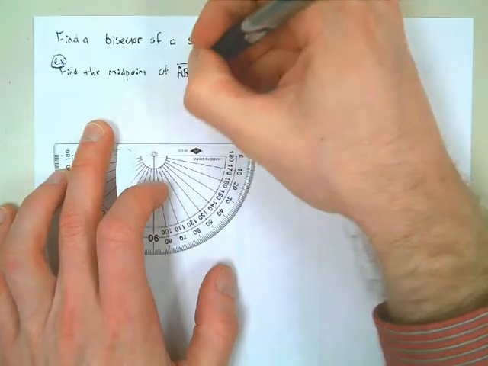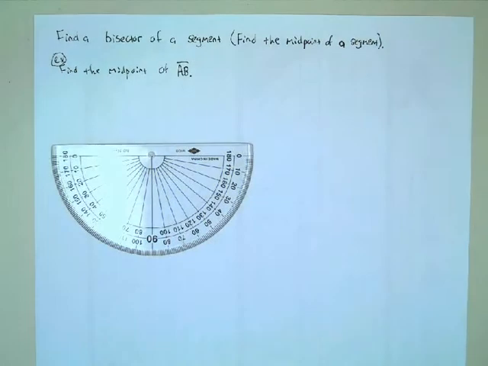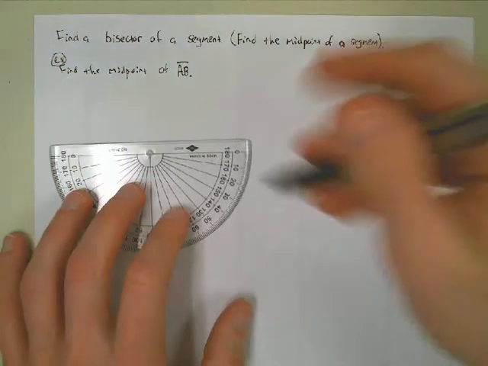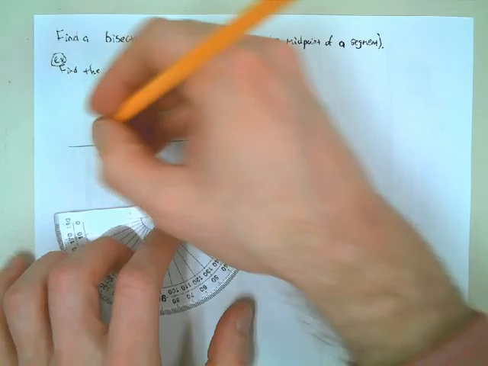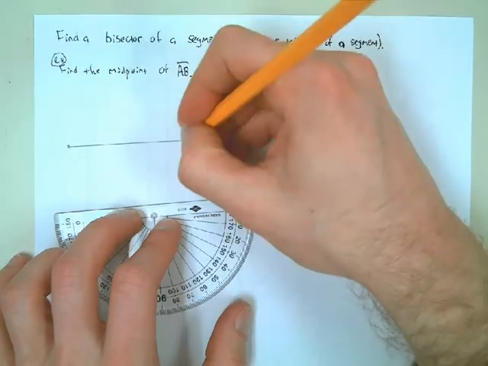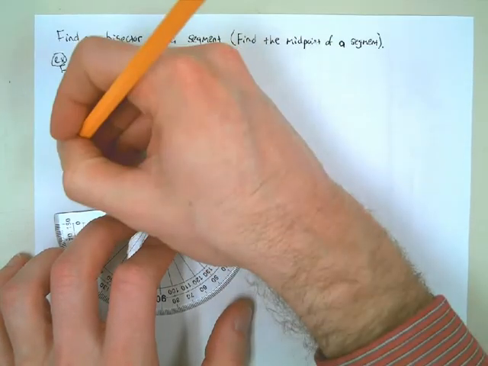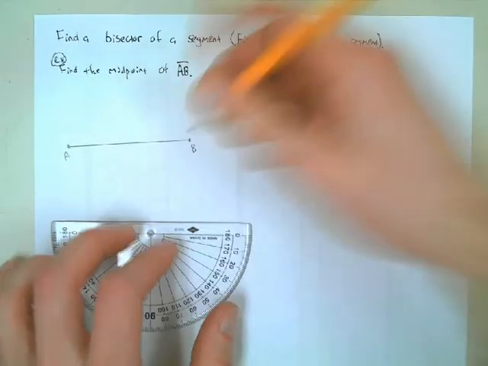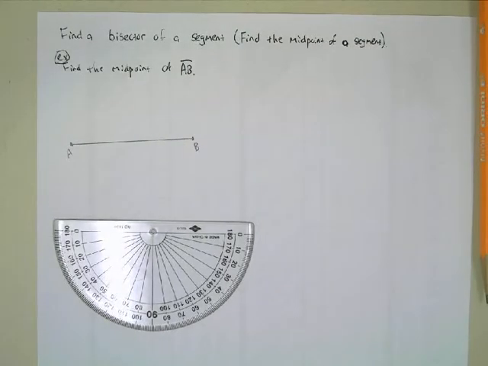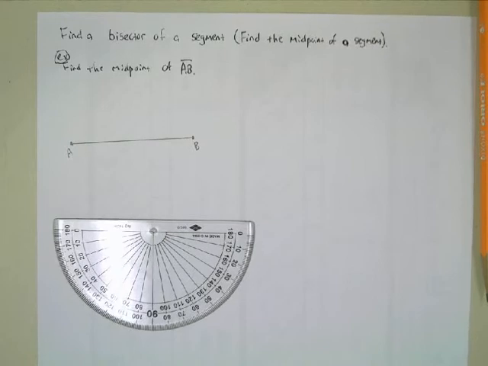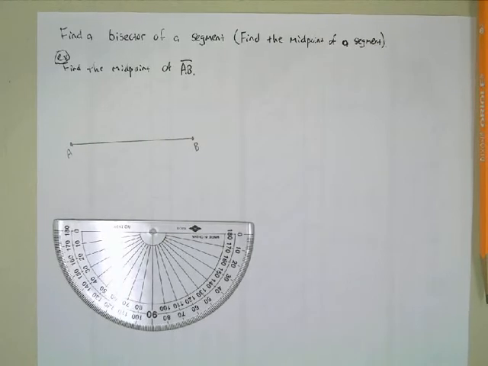So we'll start with a segment AB, and you can draw AB on your own. I love this construction.